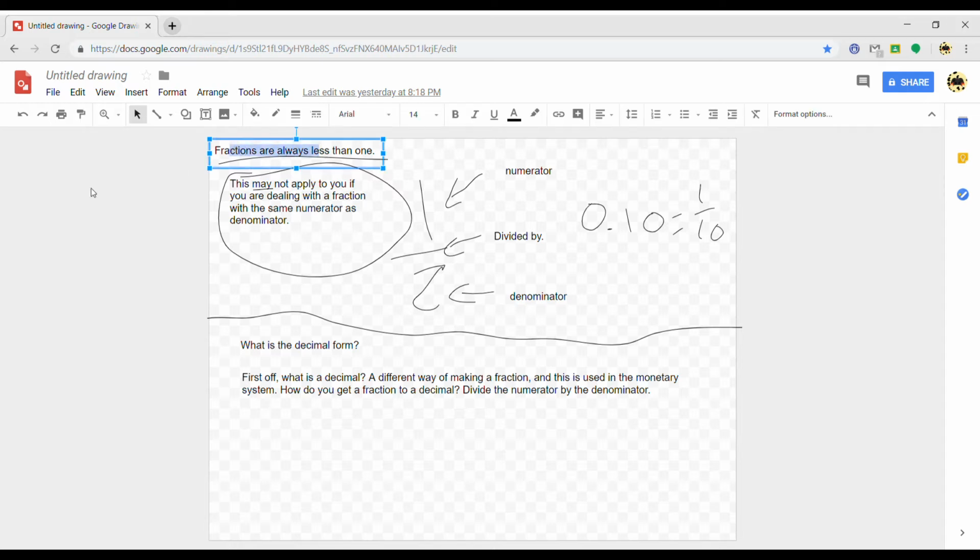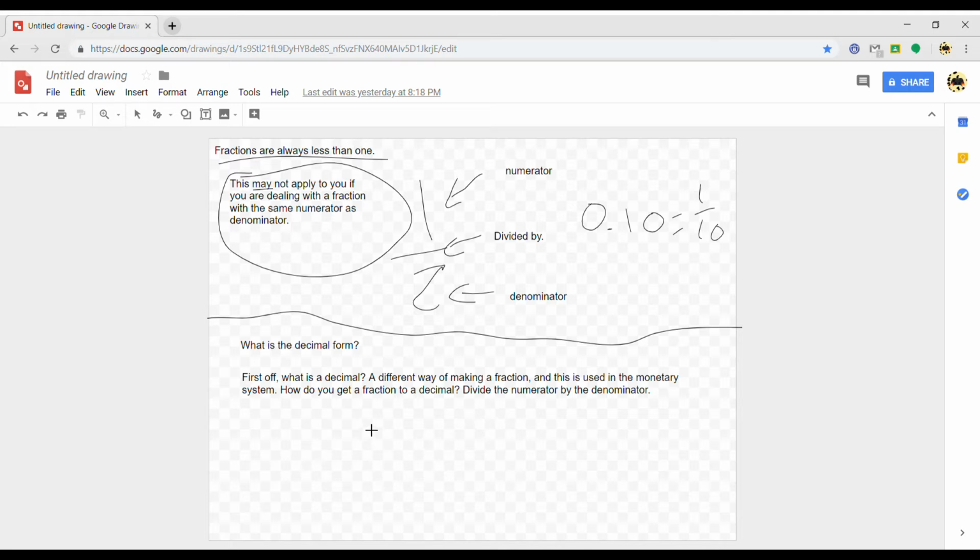Fractions are always less than 1, but this may not apply to you if you are dealing with a fraction with the same numerator as denominator. What that would mean is that if you're working with 1/2, the fraction is less than 1, as said right here.